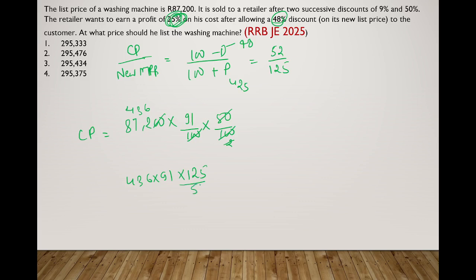So this is 52 equals new MRP. So new MRP, 4 ones and 4 threes, 4 ones and 4 nines, 13 sevens. So the last digit should be 5. So the last digit is 5. So the answer is number 4.